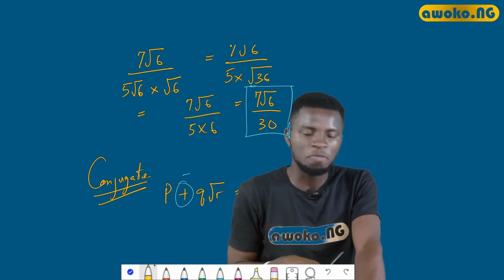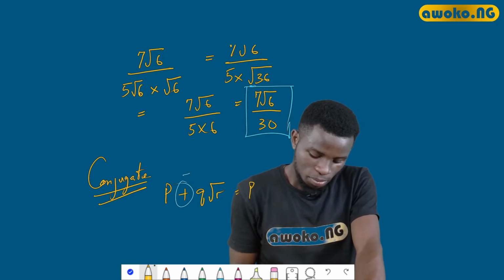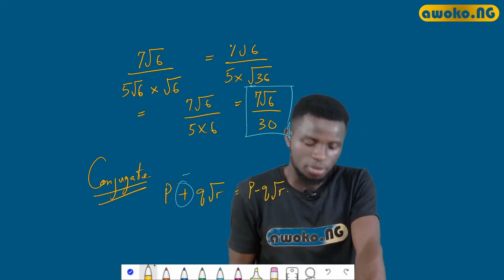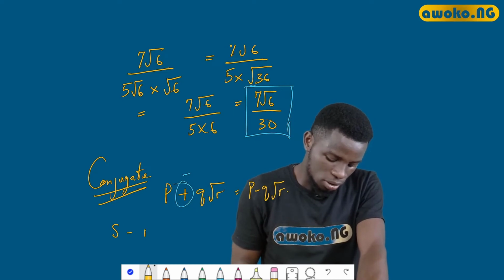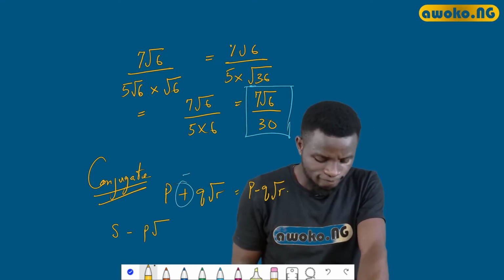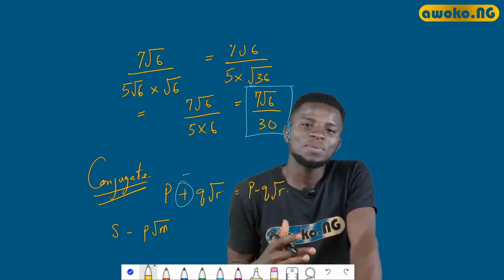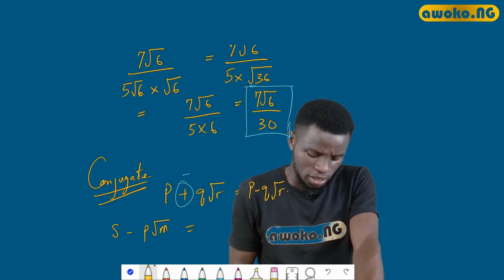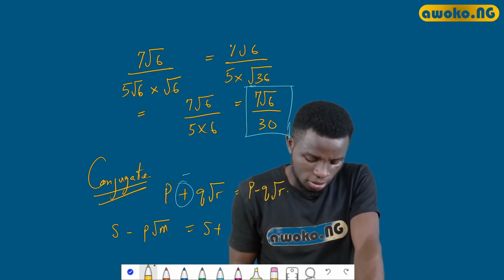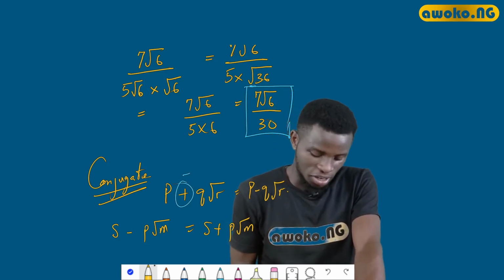So the conjugate of P plus Q root R is P minus Q root R. What if we have S minus P root M as the term we want to find the conjugate of? Of course, the conjugate of this will give us S plus P root M. So I'm sure you understand this very well.